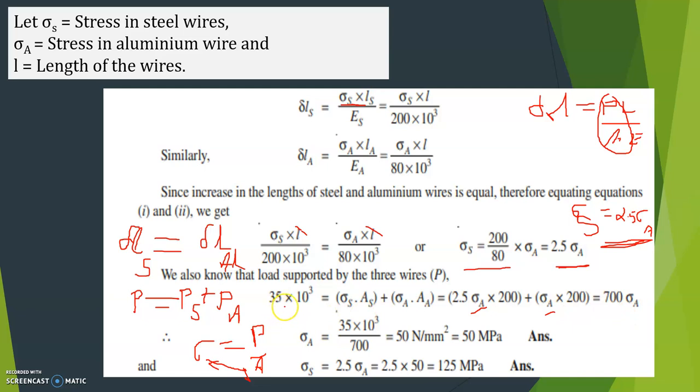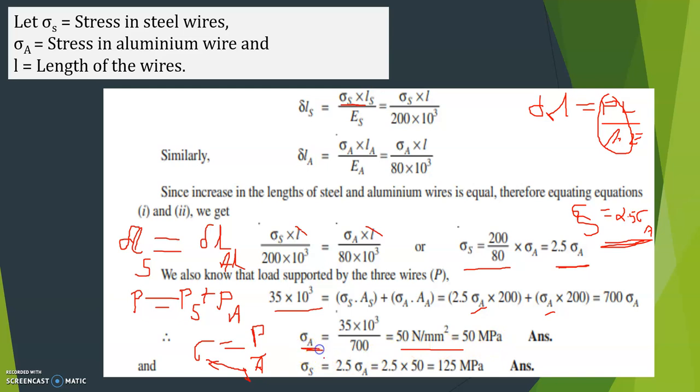You know the total load P is equal to 35 into 10 raised to 3. Substitute that: 35 into 10 raised to 3 is equal to 700 sigma A. So sigma A is equal to 35 into 10 raised to 3 divided by 700. Simplify this and you get sigma A is equal to 50 Newton per mm square, or 50 MPa.